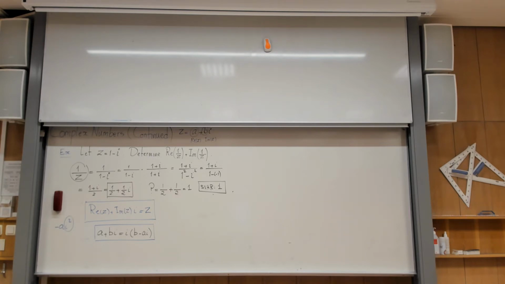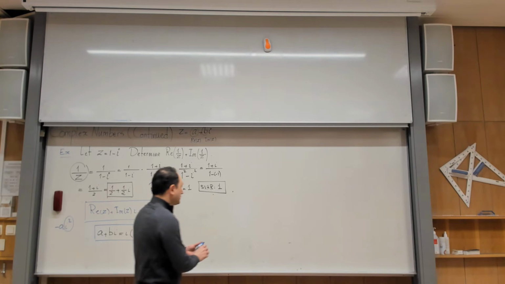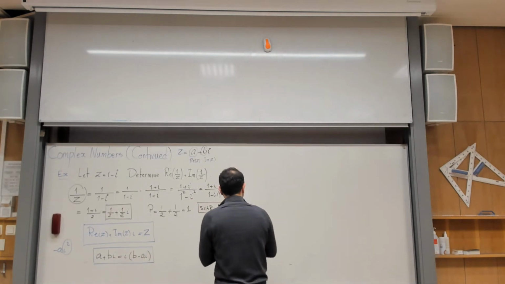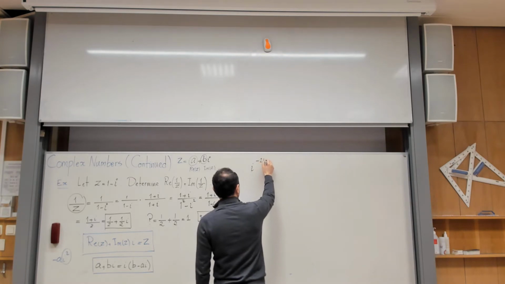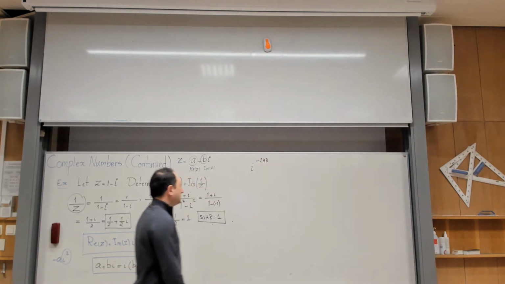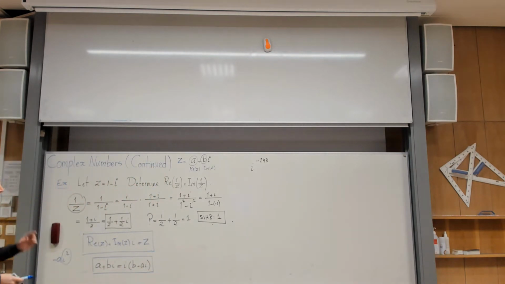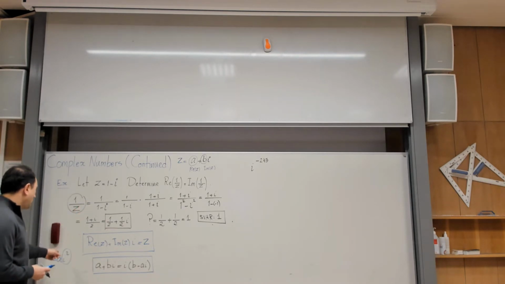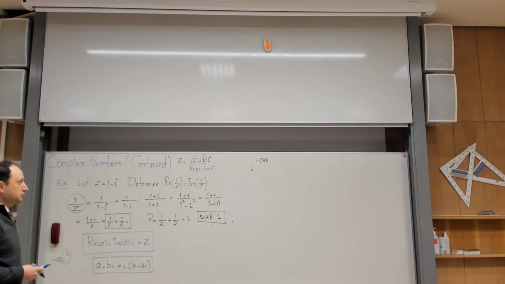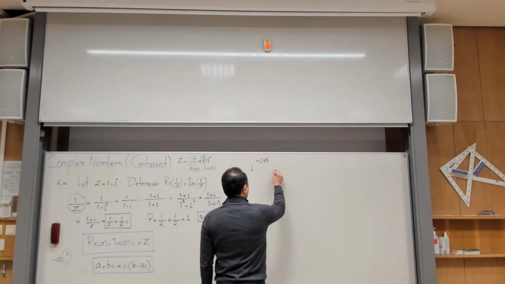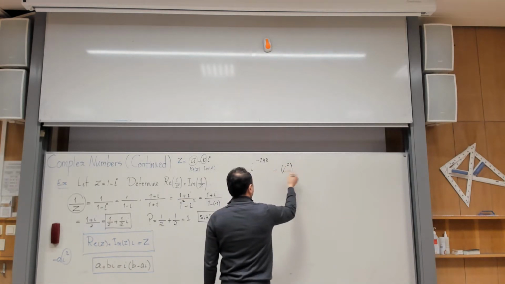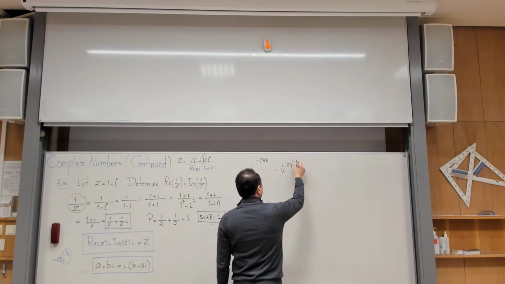We have already done this before. So if I ask you, for example, to put this in the simplest possible form, I to the power of minus 243, how can I do that? I have to make use of I squared, because that's the only piece of information that I have. So I will try to write this as I squared to the power of minus 121.